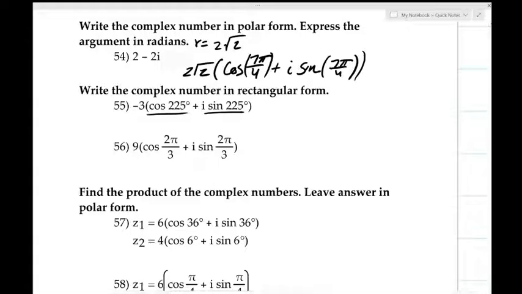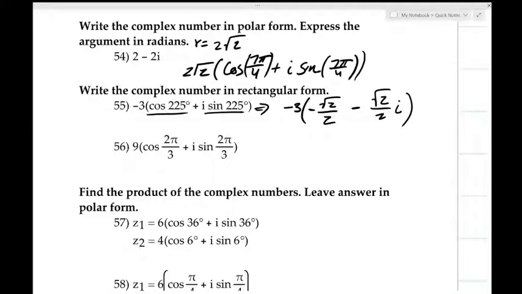Now, once we get the value, we're going to do negative 3 times negative square root of 2 over 2, which is cosine of 225, plus I, or really minus square root of 2 over 2 times I, because sine of 225 is also negative.